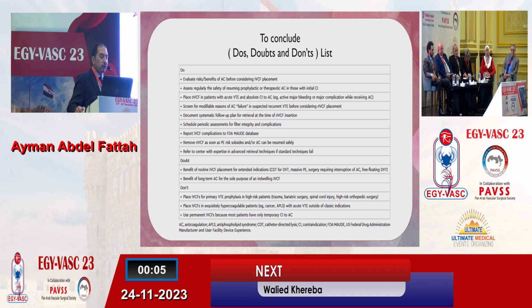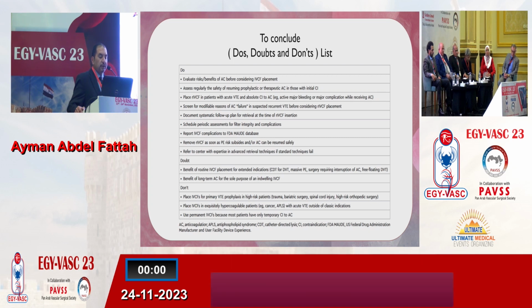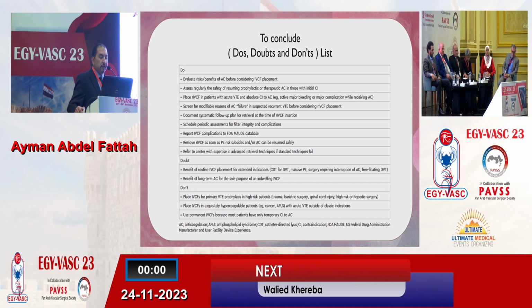Report IVC filter complications to the FDA MAUDE database. Remove the retrievable IVC filter as soon as pulmonary embolism risk subsides and or anticoagulation can be resumed safely. Refer to a center with expertise in advanced retrieval techniques if standard techniques fail.